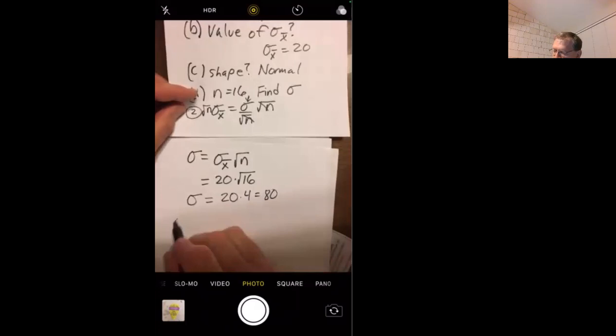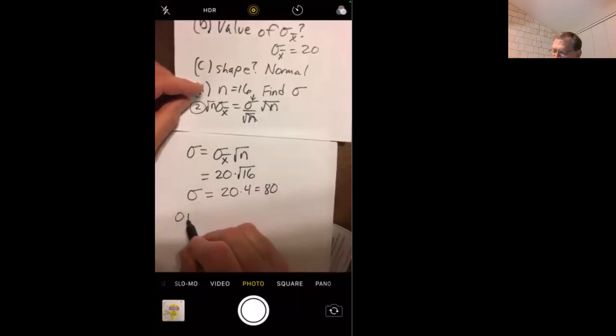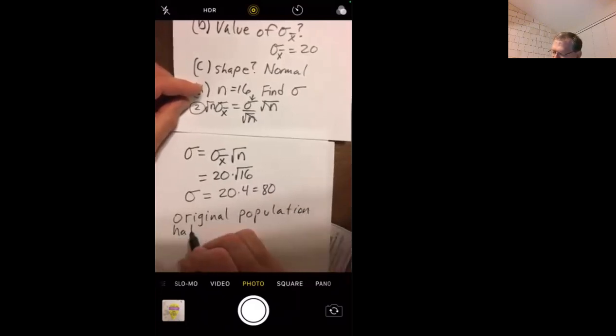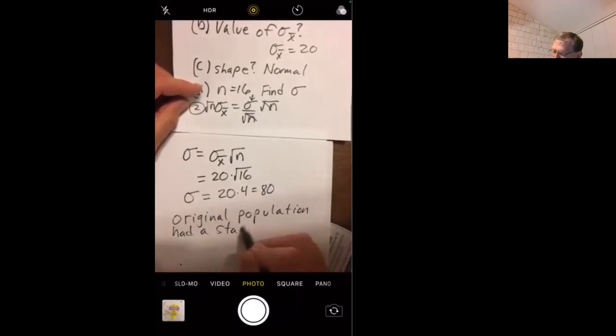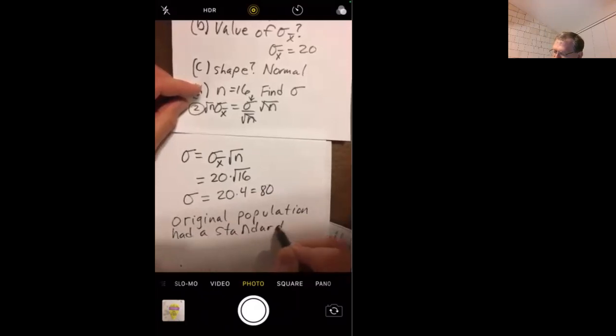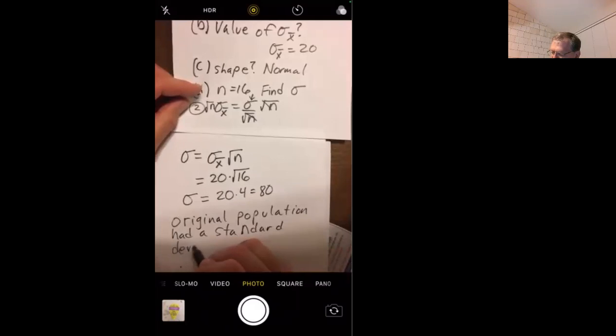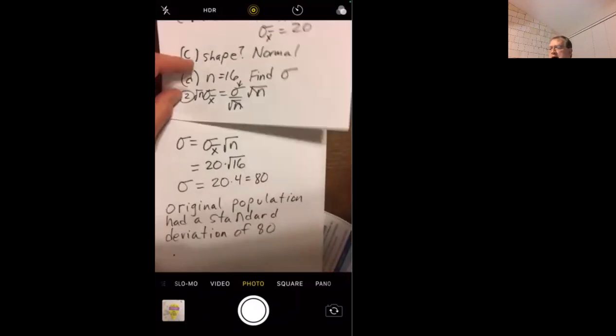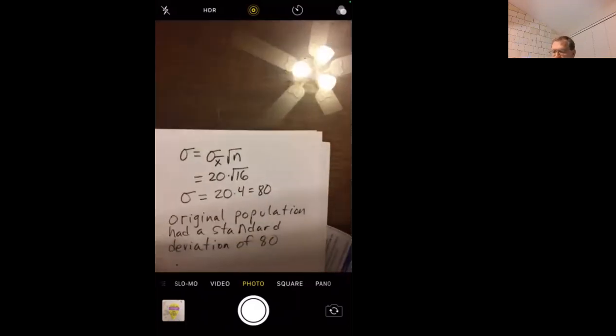The original population had a standard deviation of 80.